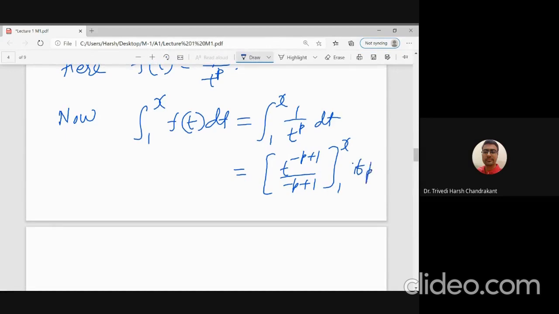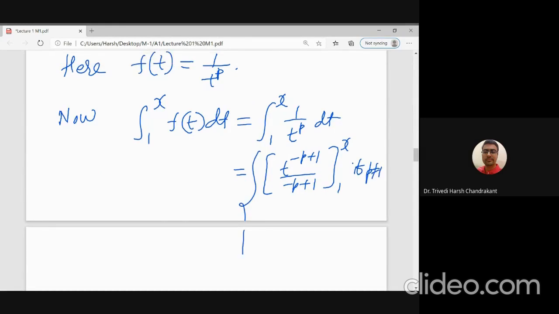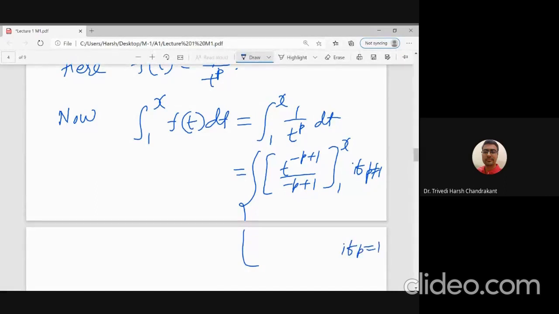If p is not equal to 1, then this is the integral, right? Because if p is 1, then it is the integration of the function 1 by t, and we know that the integration of 1 by t is the natural logarithm of t. So if p is 1, the integration is log t, with t from 1 to x.